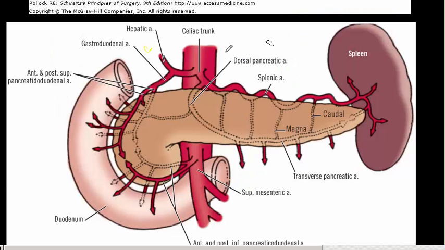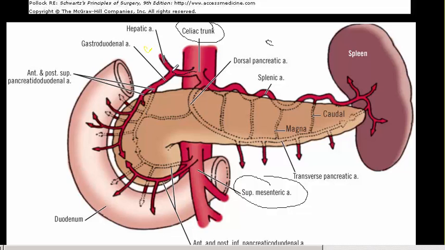Now the blood supply of the pancreas will come from the celiac trunk and the superior mesenteric artery. The way the celiac trunk supplies the pancreas is by giving the common hepatic artery.